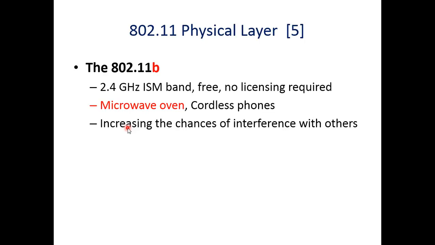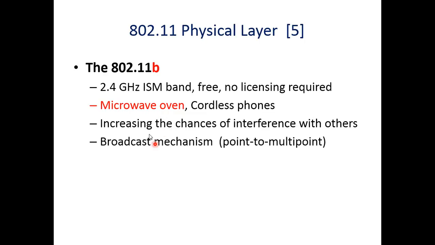So with 802.11b there are chances of interference between nodes. Suppose my two computers are sharing a file using 802.11b, and in the same range I start the microwave oven, then their signals will collide with each other, and some of the data transferring from one computer to the other may get lost.